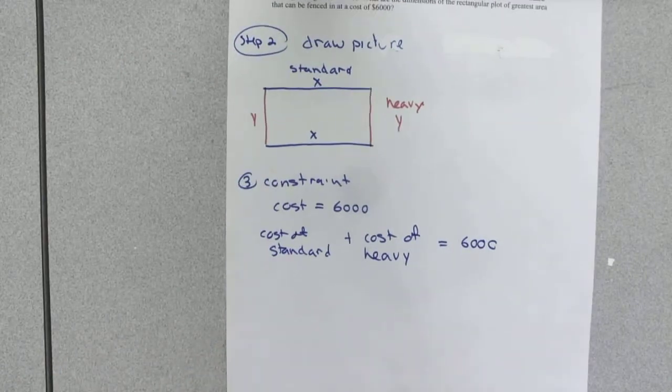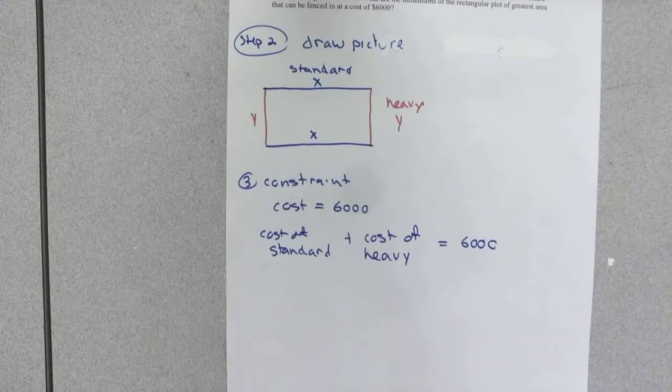And all of you intrinsically know how to do this. I don't know if pizza still costs $5 at Little Caesars or not, but they used to. So the cost of a Little Caesars pizza is $5. You buy 10 of them, your cost is 10 times 5, the amount times the price.